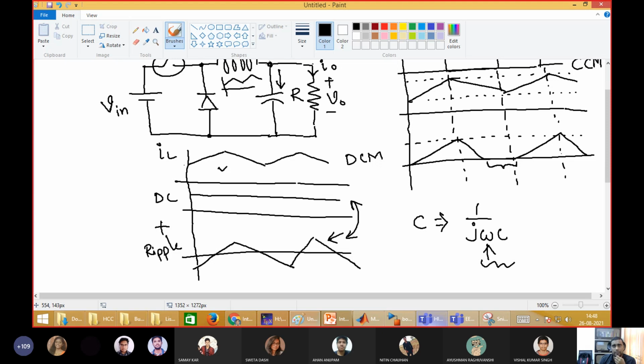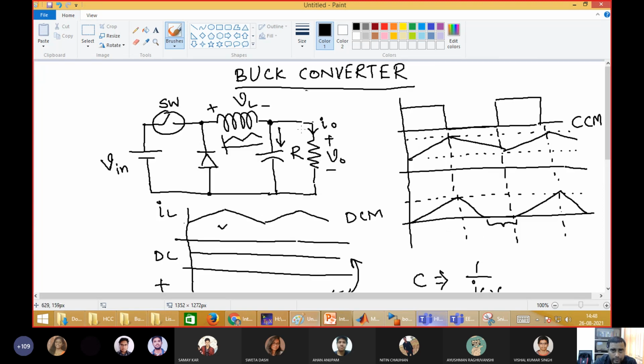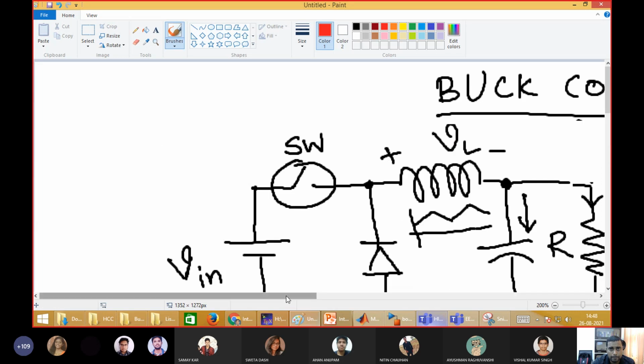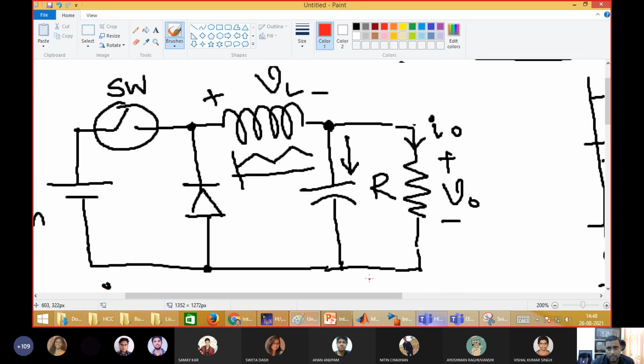So this inductor current has a DC component and a ripple component. The DC component of current will flow like this, and the ripple component, which is very high frequency, will find a low impedance path through this capacitor, and all will flow through this.